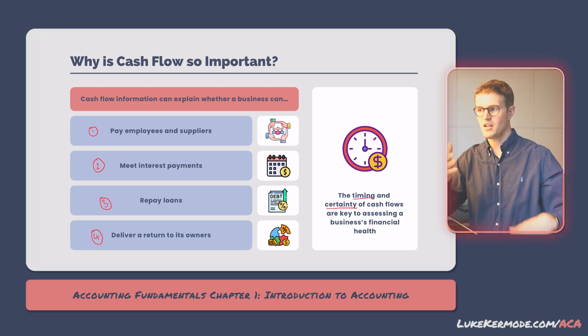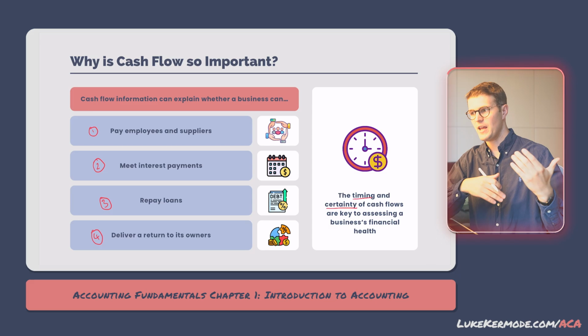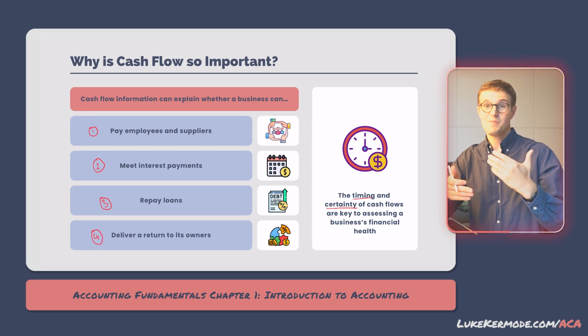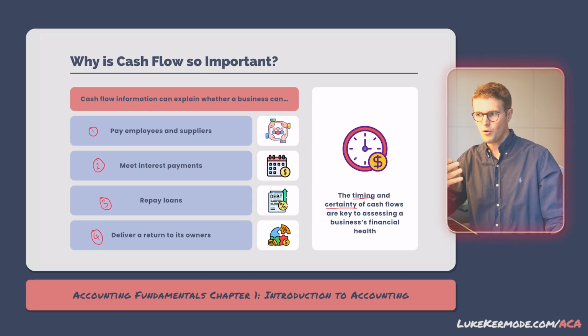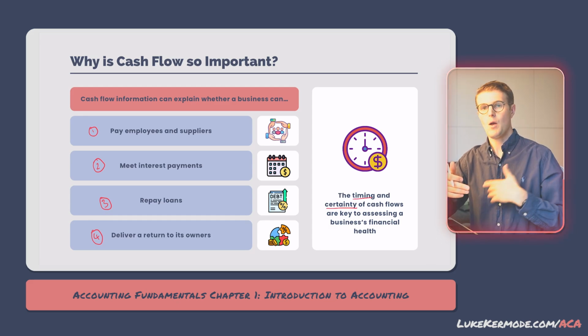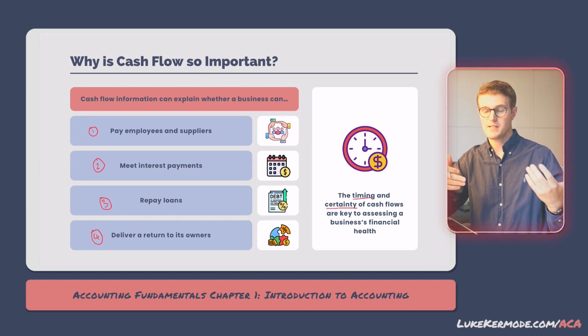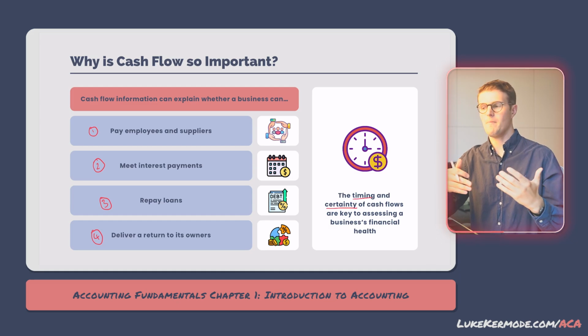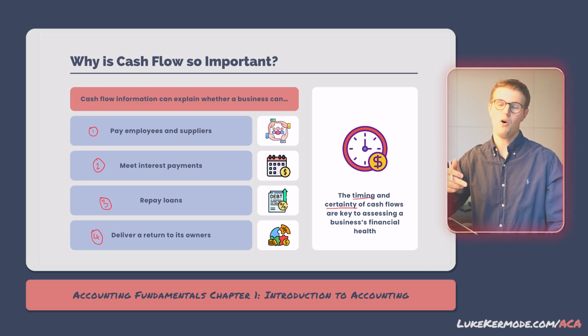So even businesses that are profitable can quickly run into issues if the cash it expects to receive doesn't arrive on time. If a business doesn't have the cash that it needs to pay off its debts, it will fail and go out of existence. So this is why cash flow information is such a vital part of financial reporting.